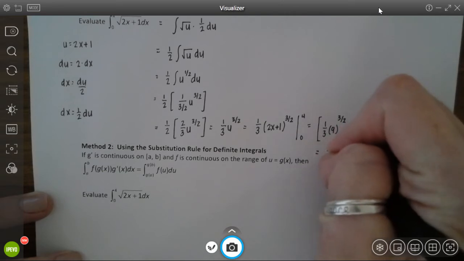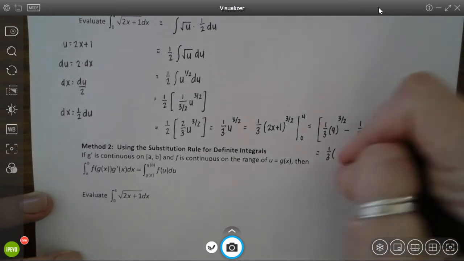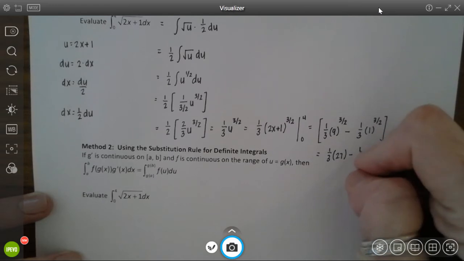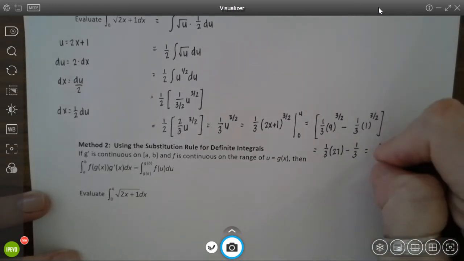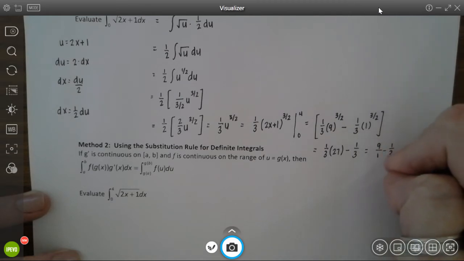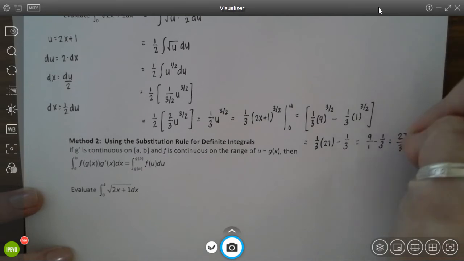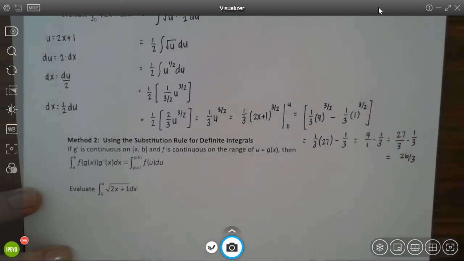It's 1/3 times the square root of 9, which is 3, raised to the 3rd power, so 27, minus just 1/3. So 9 over 1 minus 1 over 3. So 27/3 minus 1/3 gives me 26/3.